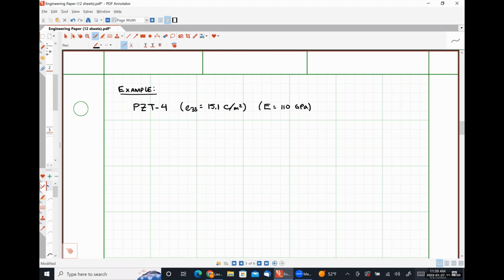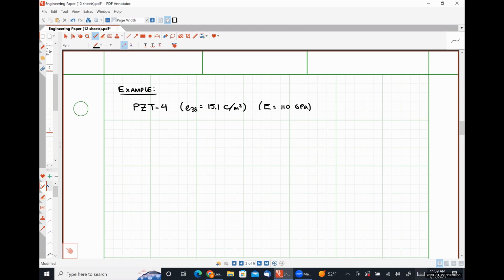Okay. So before we move along here, I want to talk about how this compares to other materials that we might be familiar with, right? So probably the most commonly used piezoelectric material is crystalline quartz. Crystalline quartz piezoelectric coefficient is significantly smaller than this, on the order of 0.1 coulombs per meter squared. And its Young's modulus is larger, on the order of 120 to 170 gigapascals.